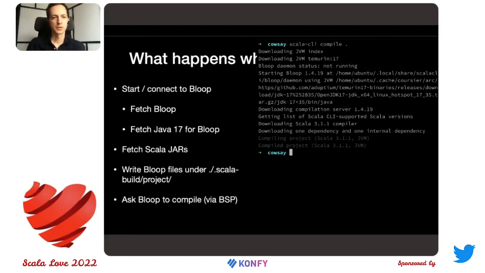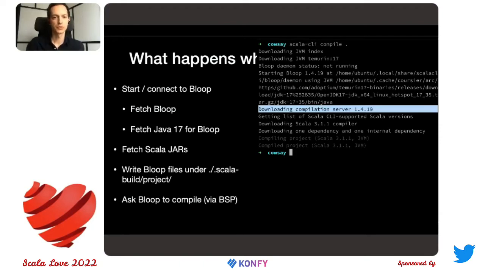Here it downloads Temurin 17, so it's Java 17. Then Scala CLI relies on Bloop. So we check that Bloop is running, and it's not running, so we need to start it. But in order to start it, we need to download it. So we download Bloop.